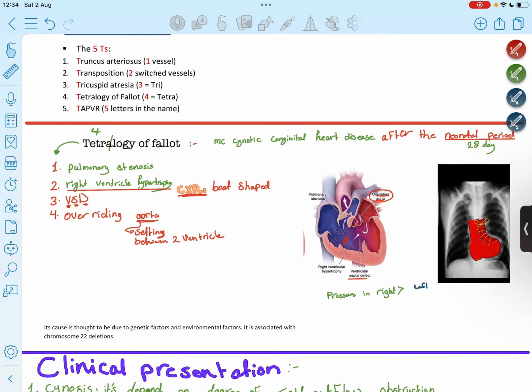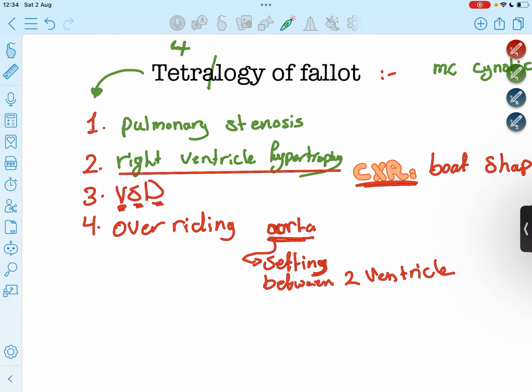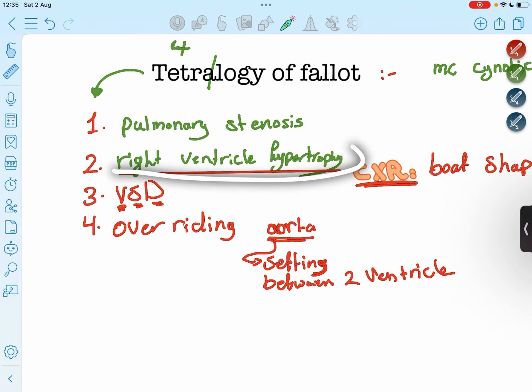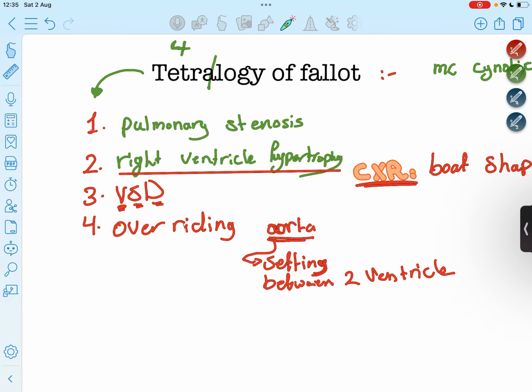So, let's repeat it again. Tetralogy of Fallot. Guys, when we hear tetra, remember there are 4 anomalies. First one, pulmonary stenosis. Second one, right ventricular hypertrophy, and these make the blood move from right to left.